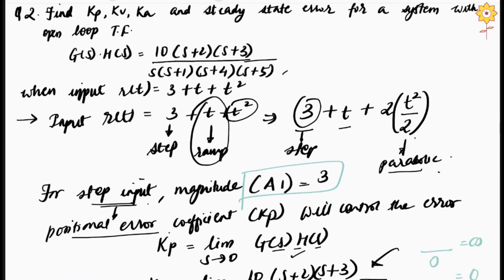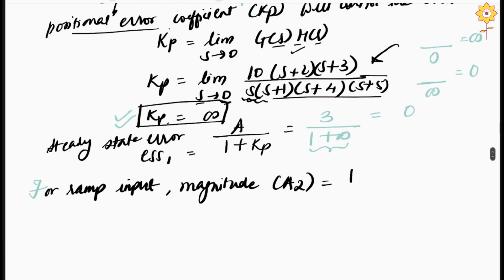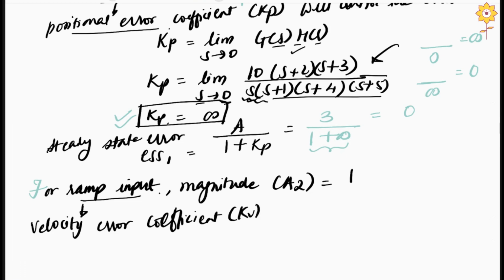It is 1, right. So, magnitude is 1 for ramp input. Okay. In case of ramp input, velocity error coefficient, that is Kv, will control the error. Okay. So, you will have to keep these things in mind. So, what is the formula?